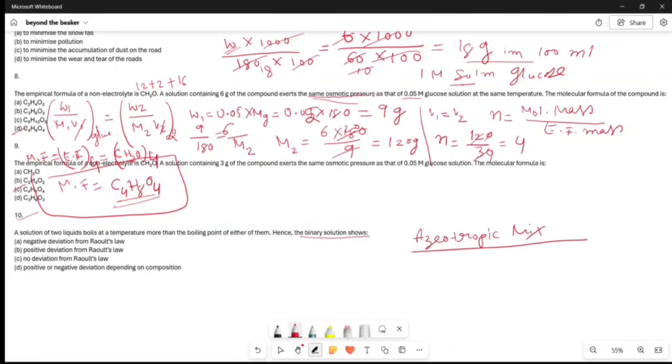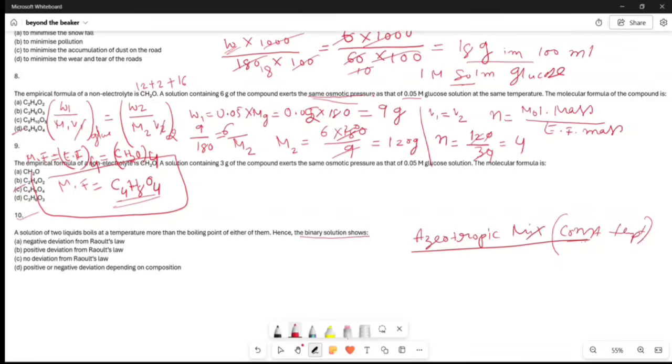The two liquid mixtures having the same composition in vapor phase as well as liquid phase and boiling at constant temperature are called azeotropic mixtures. So only non-ideal solutions form azeotropic mixtures.